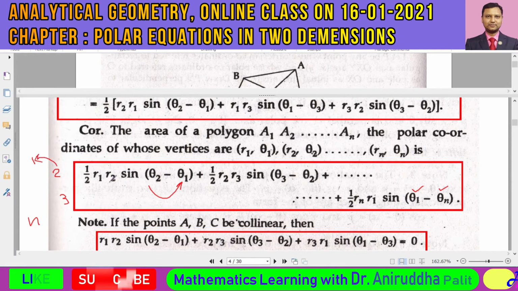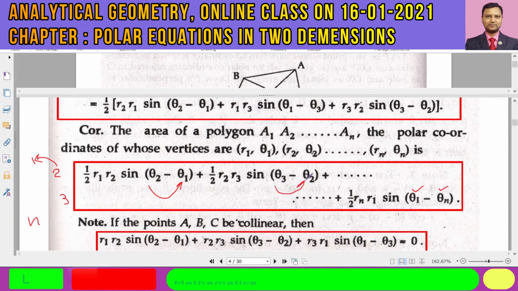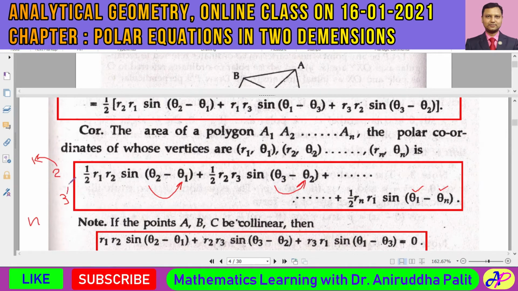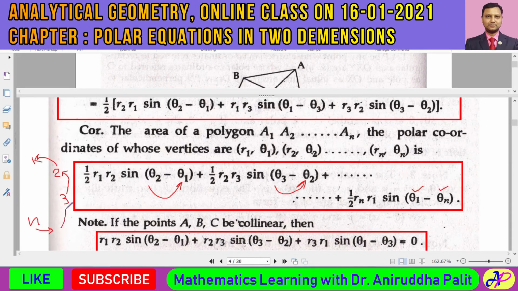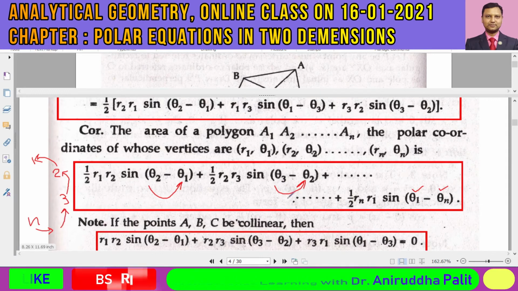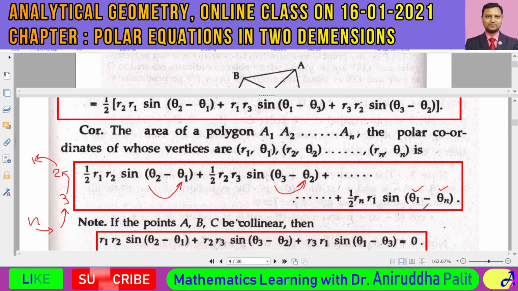This is one formula. Then theta 3 minus theta 2. So from 3 to 2 you get one more arrow. In this way you can continue. So ultimately you would get some arrow in between n and 3. And in the last term you have theta 1 minus theta n.